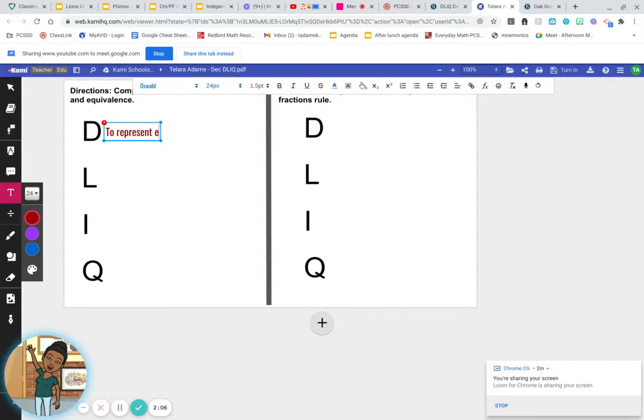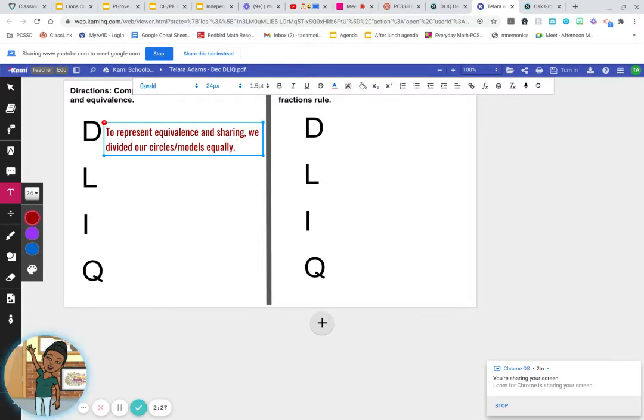To represent equivalence and sharing, we divided our circles or models equally. That's what we had to do.